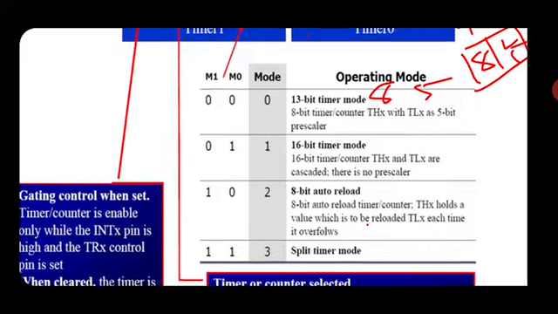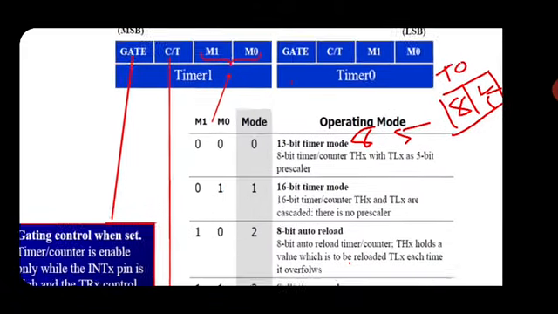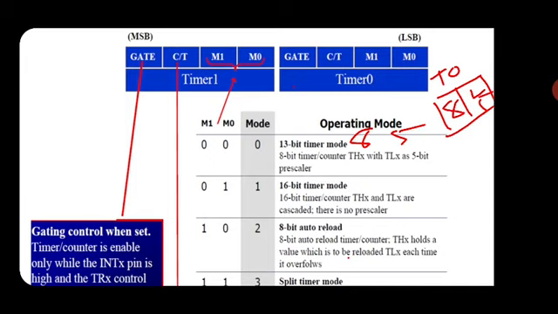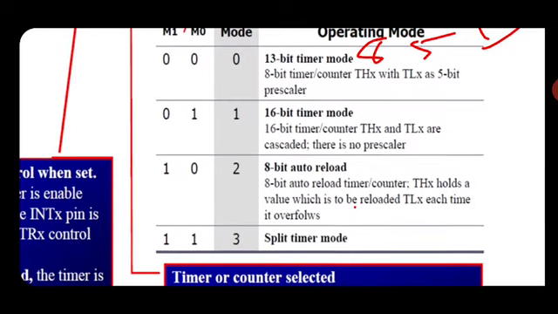Now if it is 1 0, meaning M1 is 1 and M0 is 0, you are using mode 2, which is 8-bit auto reload. It is an 8-bit reload timer counter.